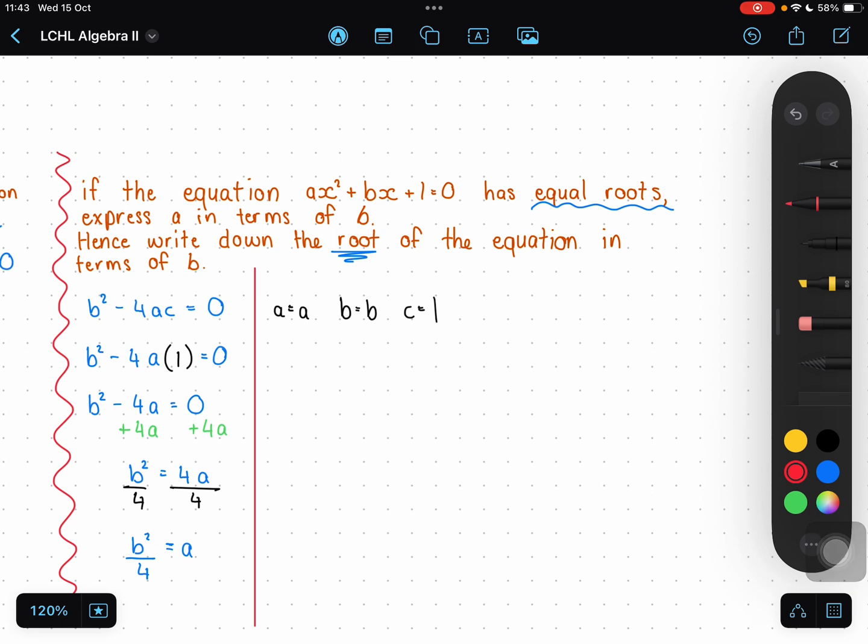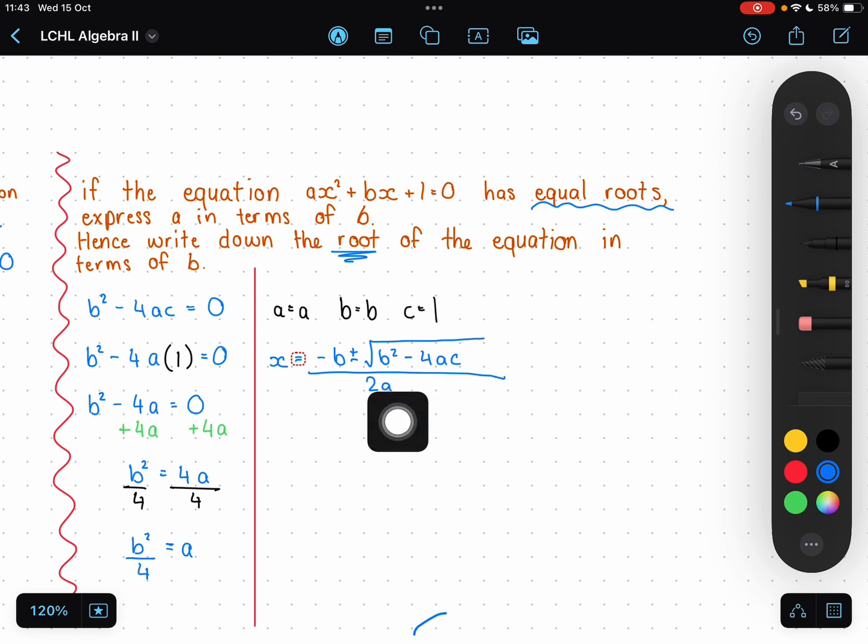My minus b formula here would be that the roots are equal to minus b plus or minus the square root of b squared minus 4ac, all over 2a. Straight away, they want it in terms of b, so they want b to be the only letter in the answer. I can get rid of c by subbing in 1.